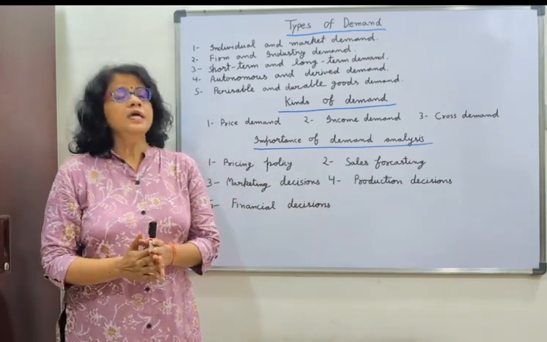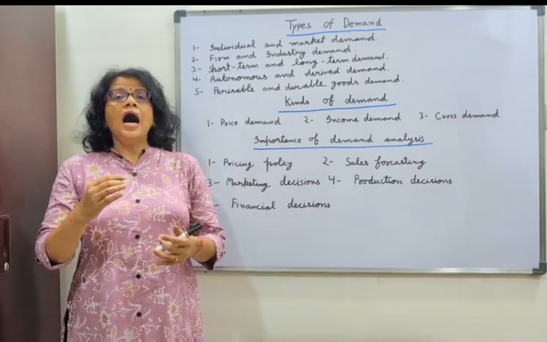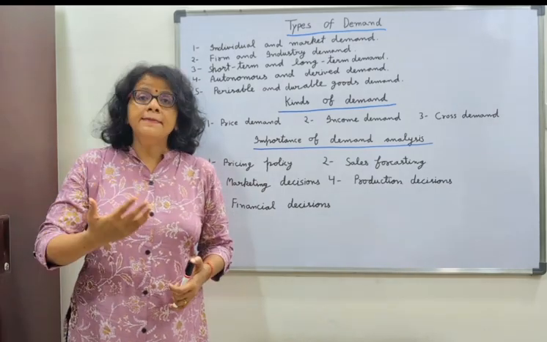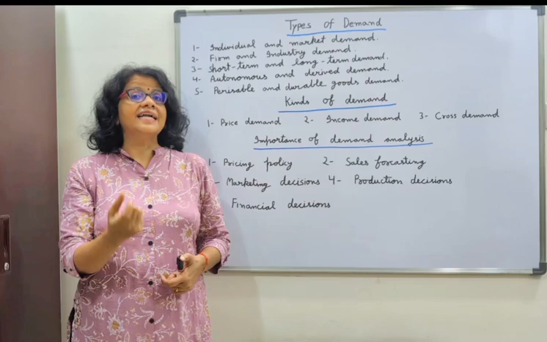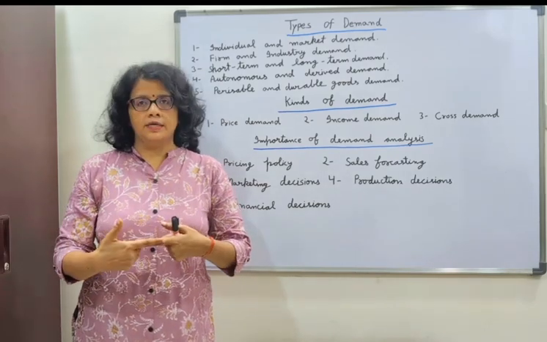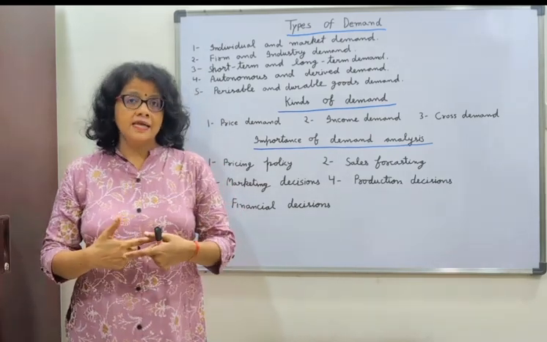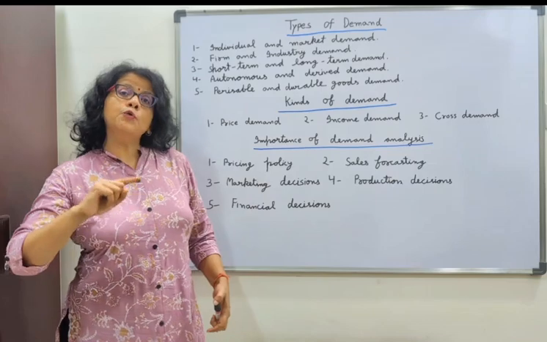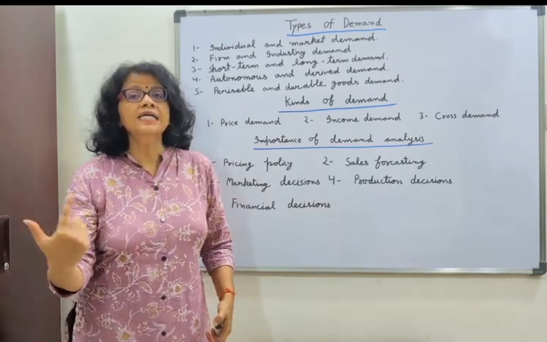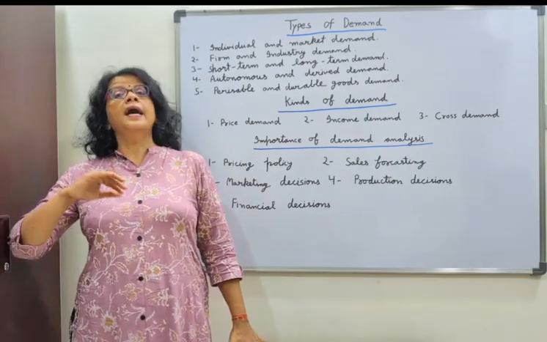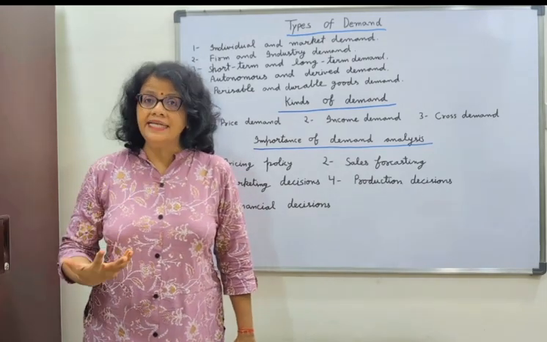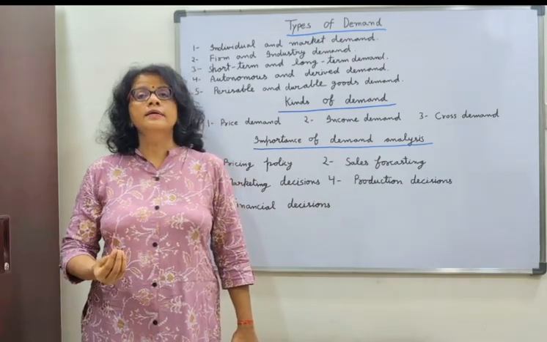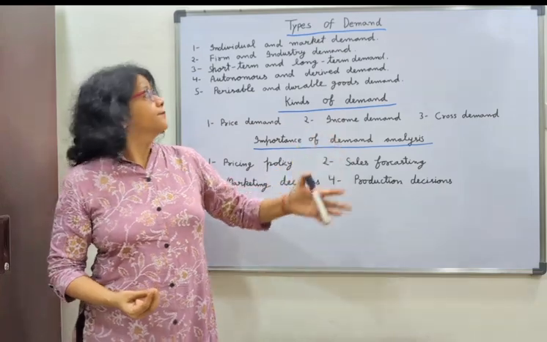For example, if I say I need 5 kg atta for a month, that is called individual demand. But when I say 500 quintal atta is demanded by all the people staying in my society, that is called market demand.